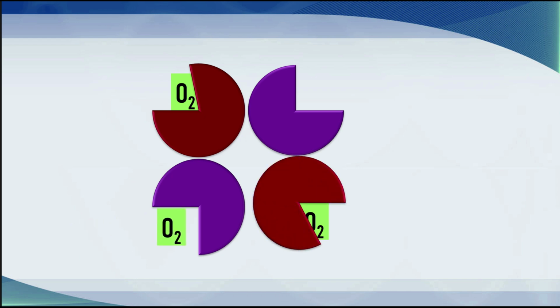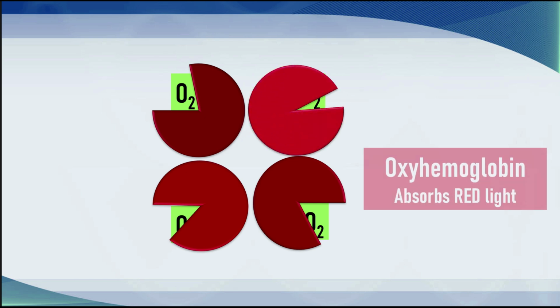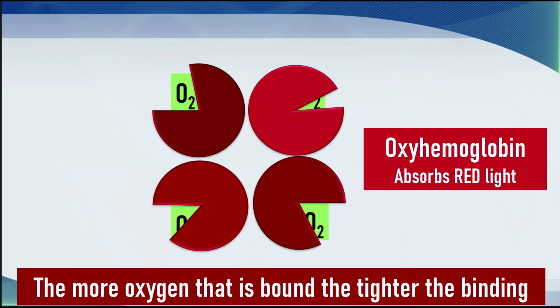The binding of the fourth is stronger than the binding of the first. As hemoglobin becomes oxygenated, or oxyhemoglobin, it absorbs more and more red light, and consequently arterial blood, usually more than 90% saturated, is bright red, and venous blood, approximately 70% saturated, is dark red and purplish.